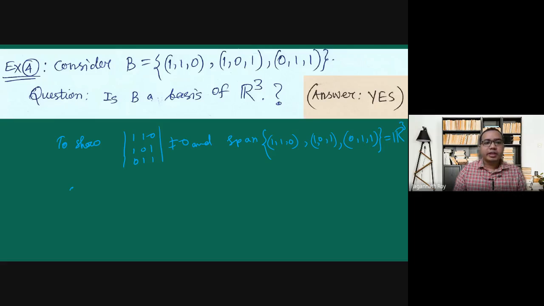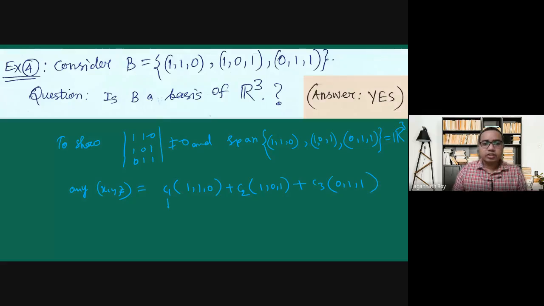So you take any vector x, y, z, and you have to find suitable C1, C2 and C3 so that you can write it as a linear combination of 1, 1, 0; 1, 0, 1; and 0, 1, 1.